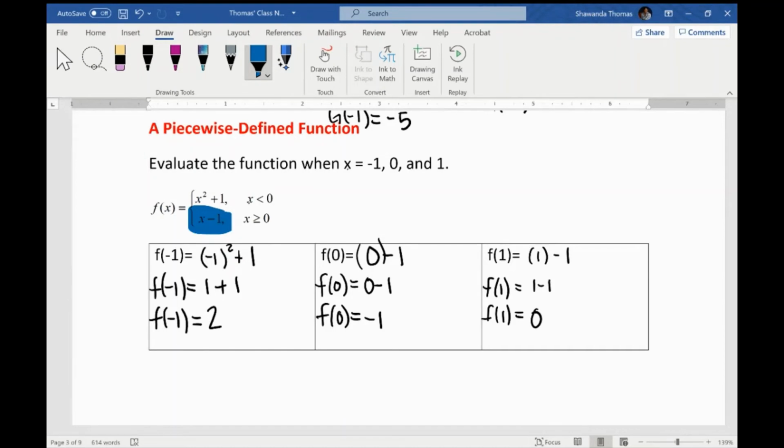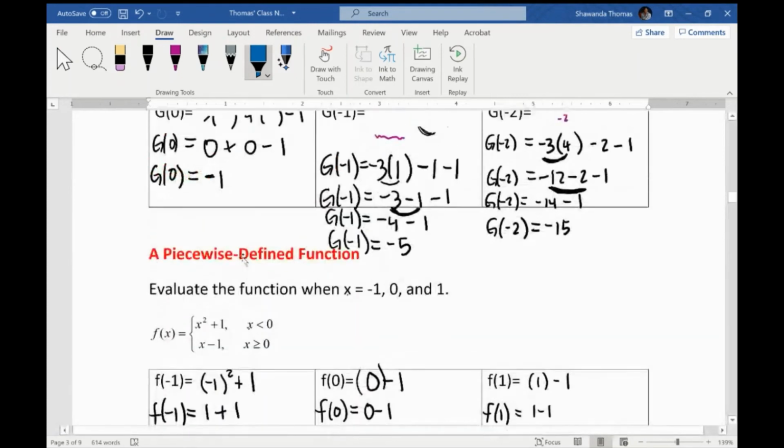It's linear, so it'll be a straight line. Piecewise functions are kind of ugly, because one piece is going to be curving like a U, and the other piece is going to be straight. It's going to look weird.